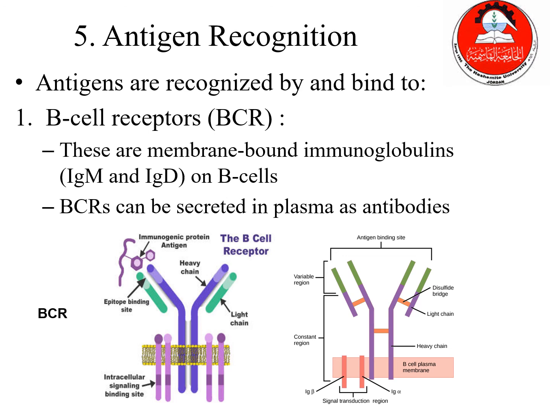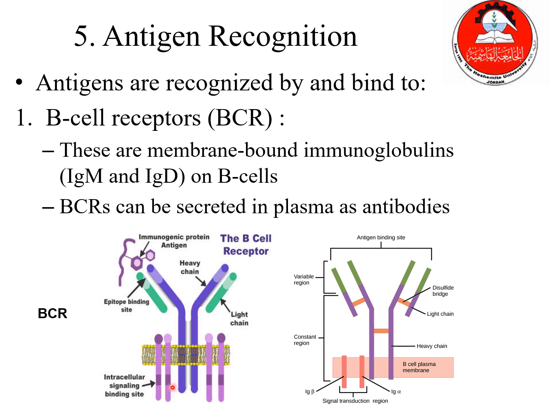In case of the B cell receptor, as we can see here in the figure, they are membrane bound immunoglobulin on the B cells. So this is the membrane. They are embedded within the membrane of the B cell. They are composed of light chains and heavy chains, and this structure resembles the structure of the immunoglobulin or antibody.